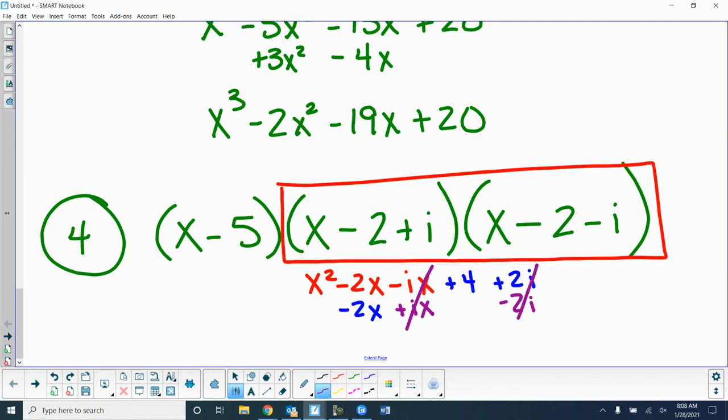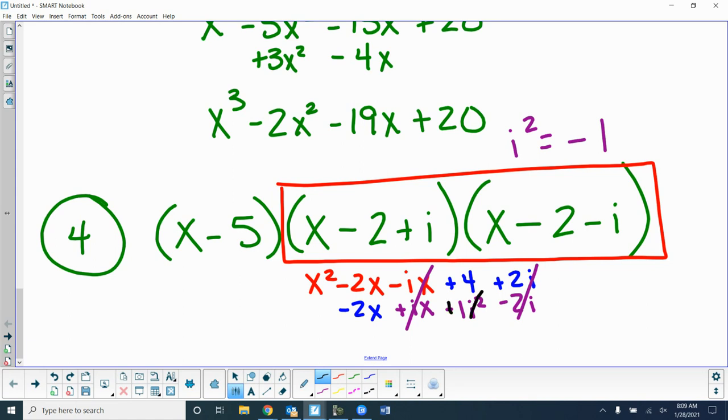And then I got, remember, there are 1's in front of these, right? So it's a positive 1i times a negative 1i, which is a negative 1i squared. We know that i squared equals what? Negative 1. So that's like a negative 1 times a negative 1. So actually, this is adding 1.